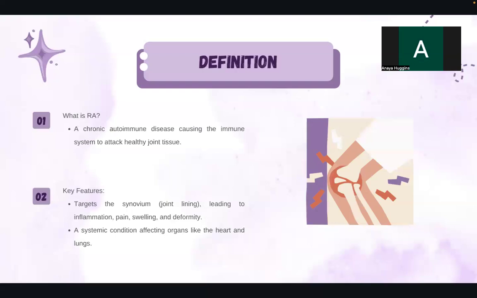What makes RA distinct from other forms of arthritis, like osteoarthritis, is its systemic nature, which means it can also affect organs such as the lungs and the heart, which increases the risk of complications like cardiovascular disease. Understanding this mechanism helps us to appreciate why early diagnosis and treatment are crucially vital.